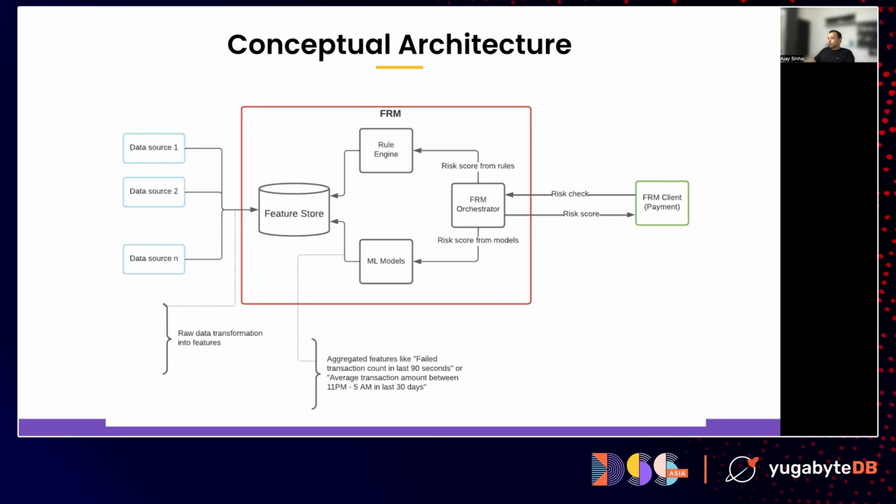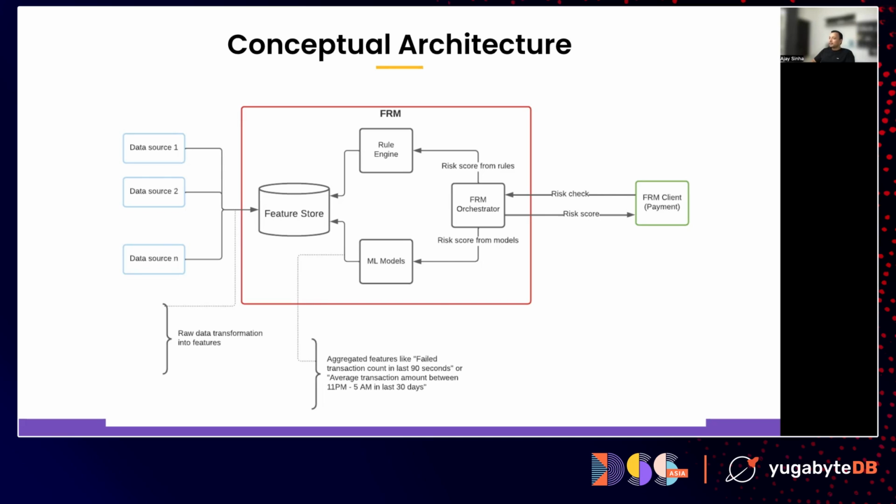This is the conceptual architecture of FRM. We have a number of data sources on the left-hand side. These data sources can compute features which are stored into the feature store. At this point of time, let me take the opportunity to define what a feature is and what a feature store is. A feature is nothing but some sort of measurable attribute of any real world entity. Let's say account is a real world entity.